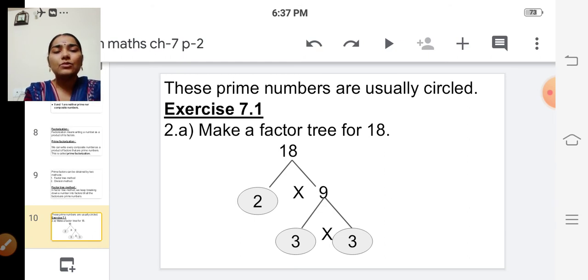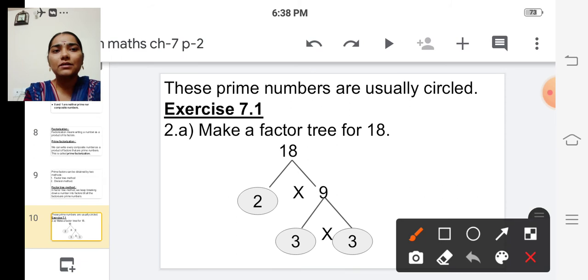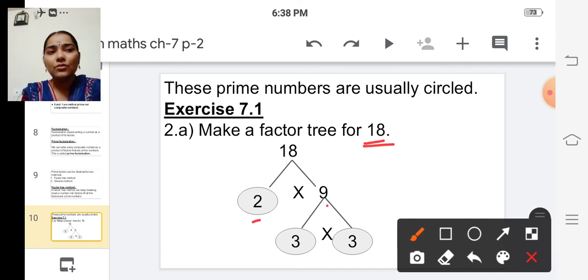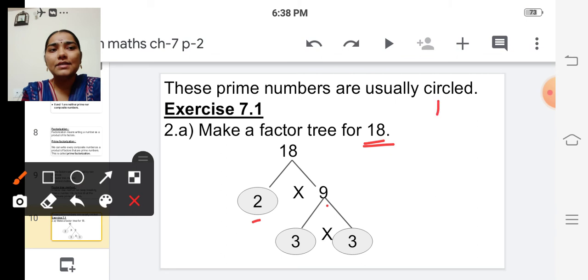Exercise 7.1 2a, make a factor tree for 18. So 18 can be written as 2 9s are 18, isn't it? 2 and 9 are factors of 18.